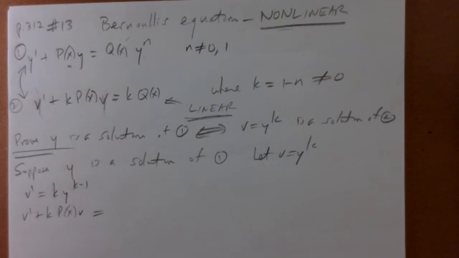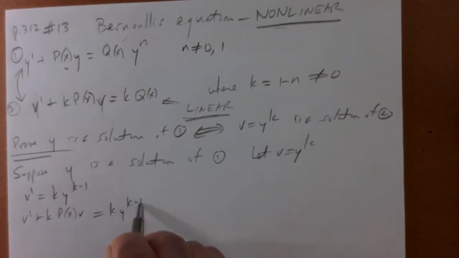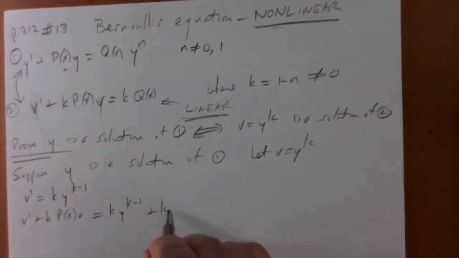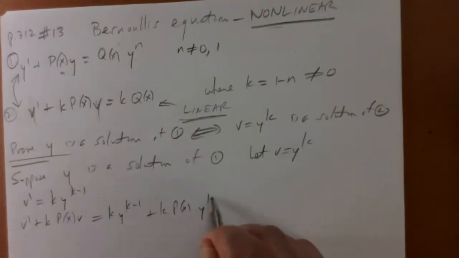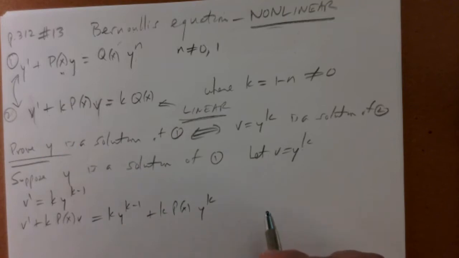So v prime plus k p of x times v, this is what v prime is, k y to the k minus 1, plus k p of x times v, which is y to the k. Now I can factor something out of that.